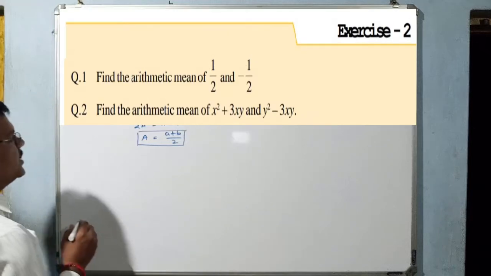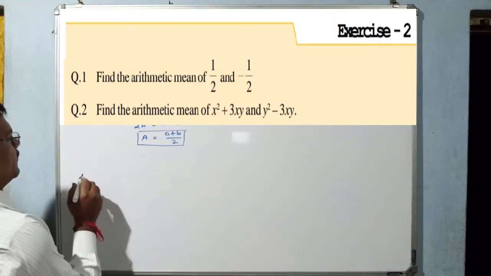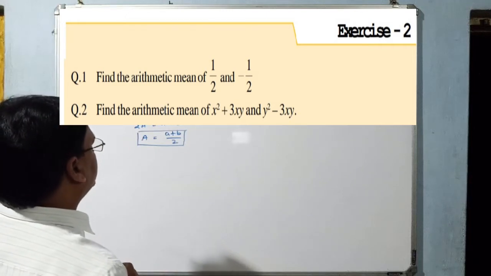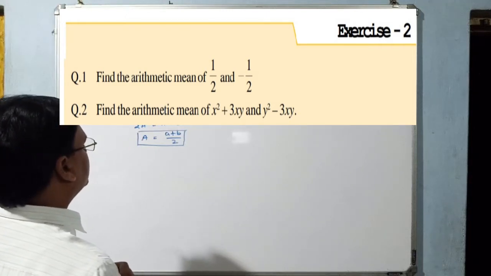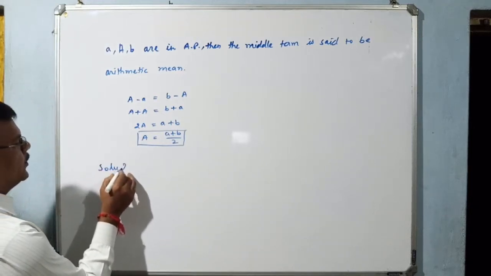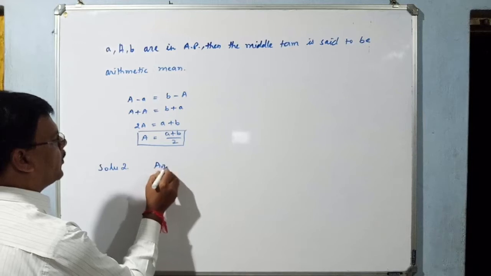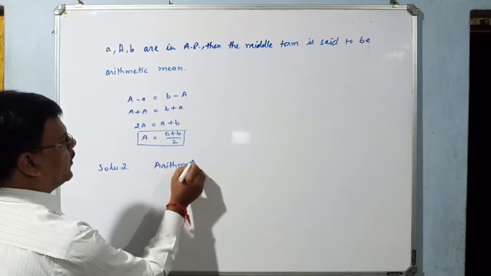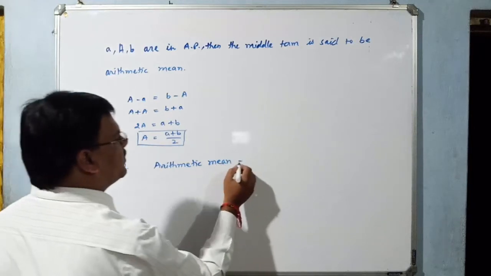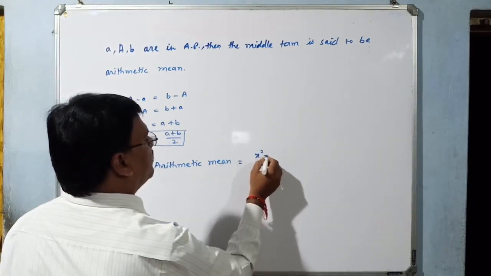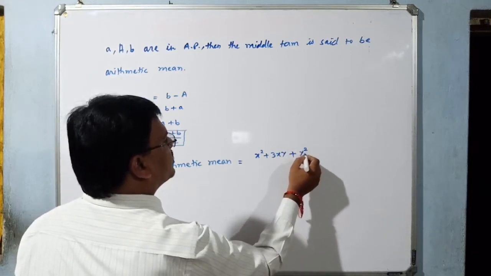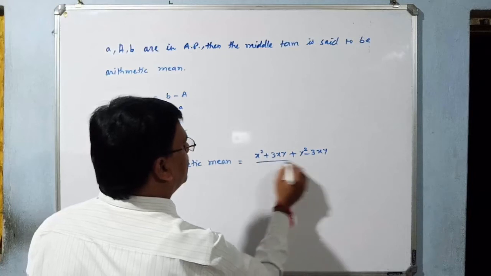Exercise 2, question number 2. Find the arithmetic mean of x square plus 3xy and y square minus 3xy. Solution 2. Arithmetic mean is equal to (x square plus 3xy plus y square minus 3xy) upon 2.